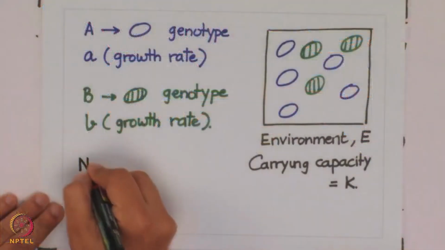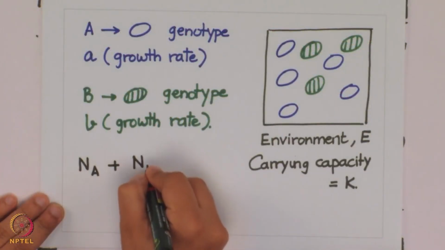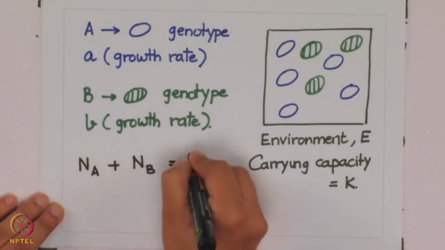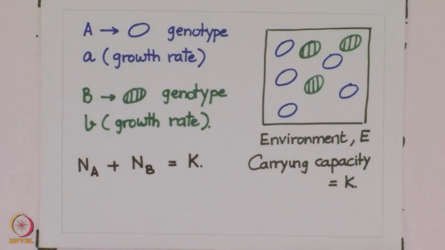The number of individuals in the environment, taking A and B together, is equal to K. The system is operating at its carrying capacity. That means the number of A individuals Na plus Nb is equal to K, and selection basically takes place.